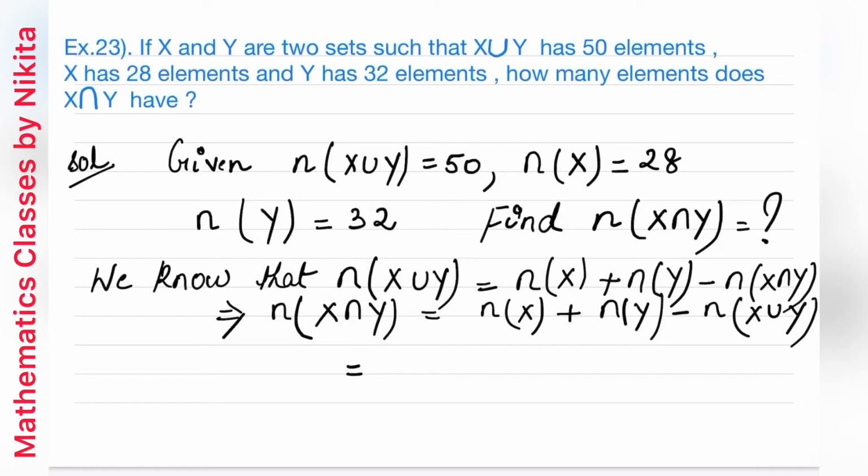So n of X is 28, n of Y is 32 and n of X union Y is 50. So this will give you 10. So X intersection Y has 10 elements. So like this you have to find the values.